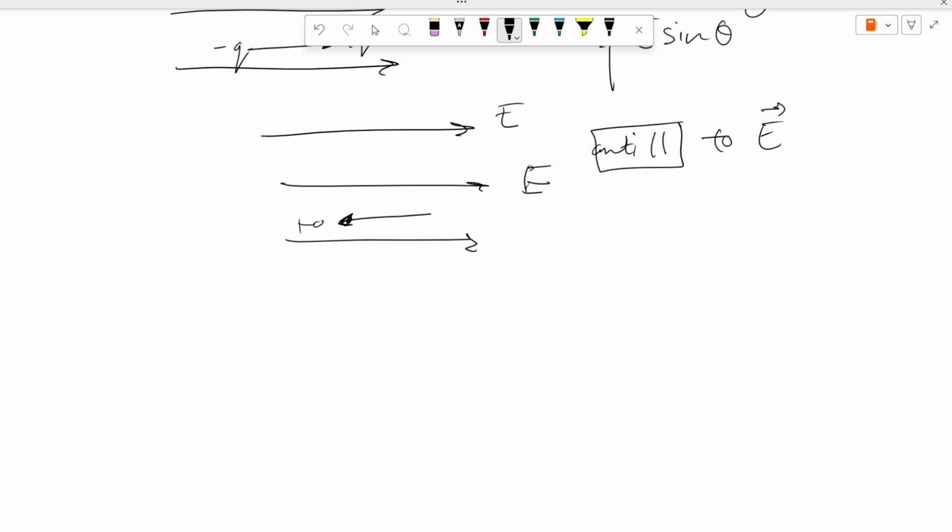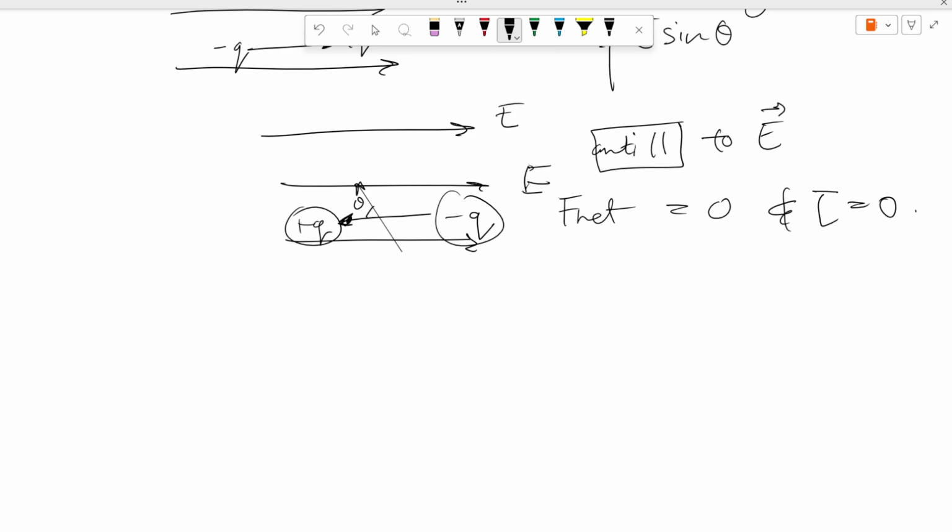It is anti-parallel. So the positive charge is placed here and the negative charge is placed here. So in this scenario, it is still in equilibrium because F net is equal to 0 and torque is still equal to 0.